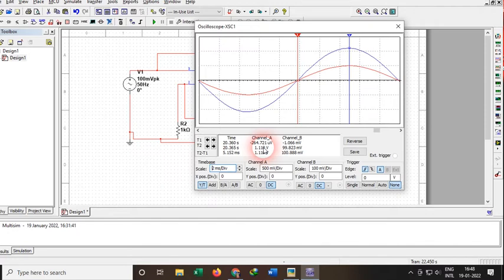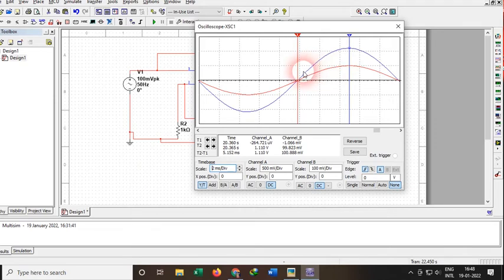That is 1.11 volt, that means 1111 millivolt. If I divide it by 99, I get a value of 11.21. So this is my gain, voltage output by voltage input.